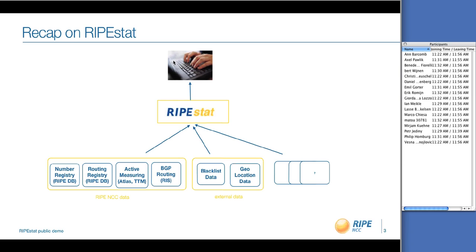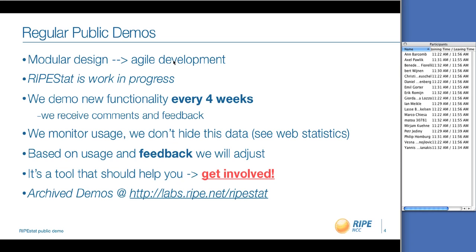What we're going to talk about today is the mobile application. Next slide, please. So we're putting together a mobile application, but this is just a slide that tells you about what we do, why we do these demos. We demo every 4 weeks, and we want to solicit comments and feedback here. We monitor the usage of RIPEstat, so you can look at the bottom of the RIPEstat webpage.